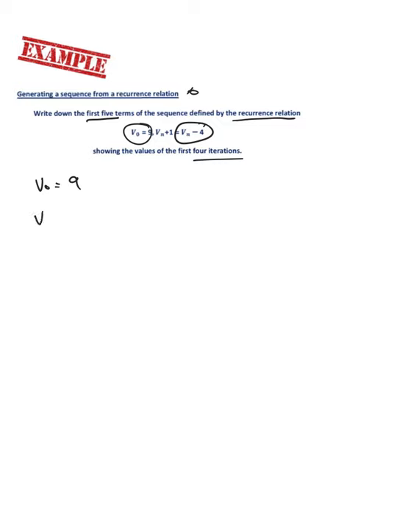So V1 is going to be equal to the current term minus 4. Our current term was V0, so 9 minus 4. V1 is going to be 5. The process between V0 and V1, that was our first iteration.